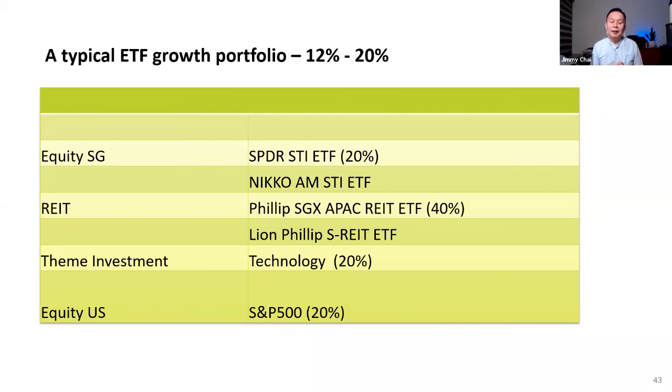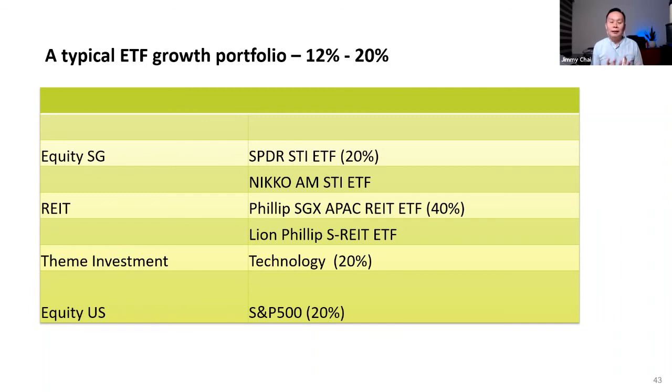Then 20% in technology ETFs. It could be electric vehicles, blockchain, or 5G, things that will grow something like 50, 60% per year, a thematic kind of investing. And then another 20% in the US market itself, which is the S&P 500.